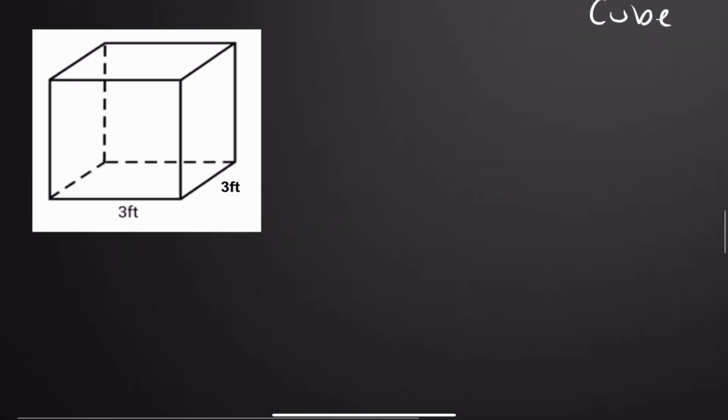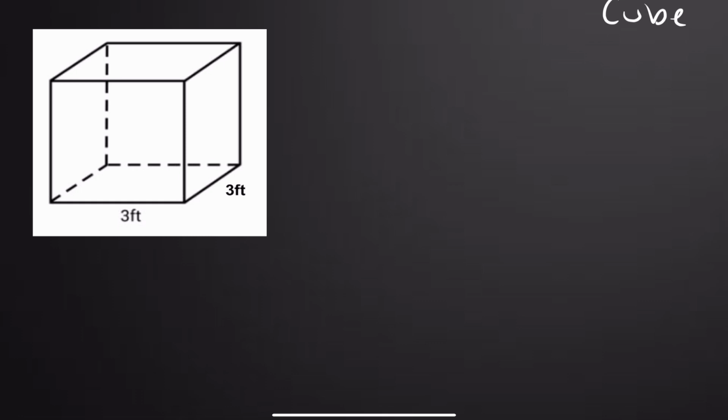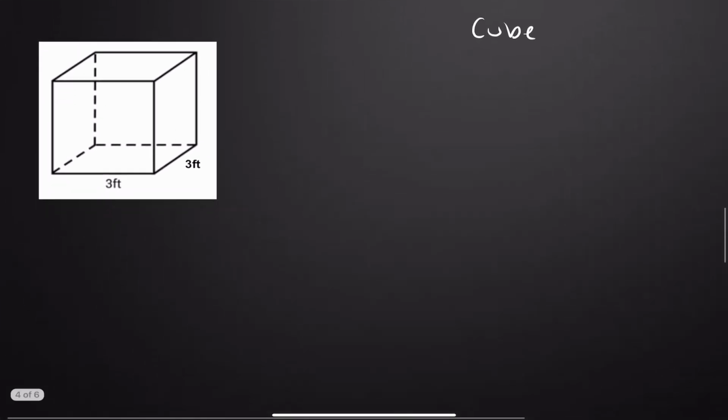We see that this is a cube. And how do I know that this is a cube? Well, its base is a square. And basically a cube is just a three-dimensional figure where all the faces are squares. So this is a cube.